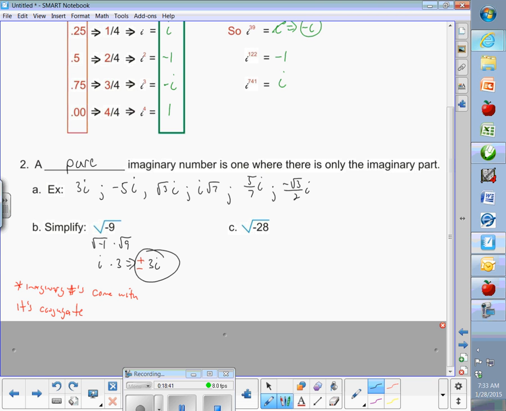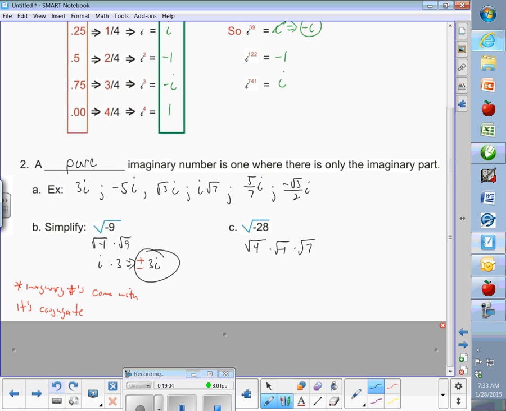All right, so look at something like this. The square root of 28. I can think of it this way. Square root of 4 times the square root of negative 1 times the square root of 7. And I hope you agree, 4 times negative 1 is negative 4, and negative 4 times 7 is negative 28, right? So no problem there.